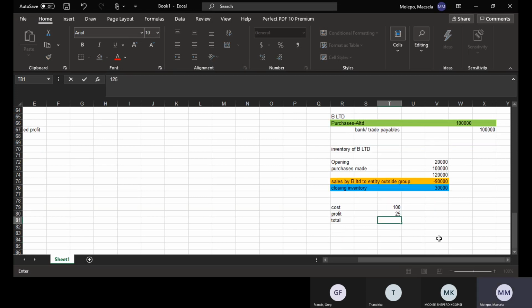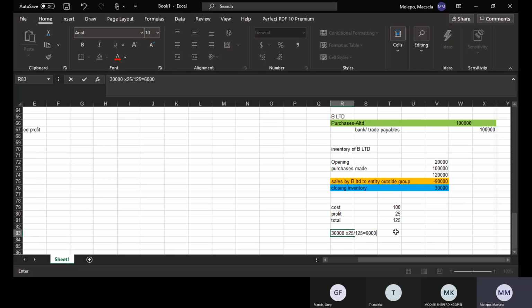So that's why we say 30,000, because we want to determine the profit from the 30,000, times 25, and we divide by 125 as the total, which gives us the 6,000.